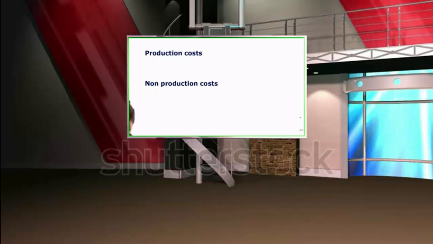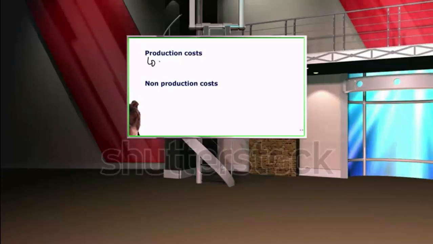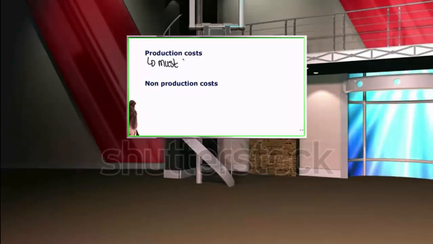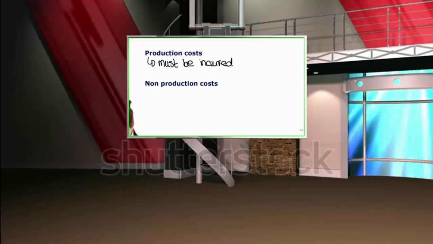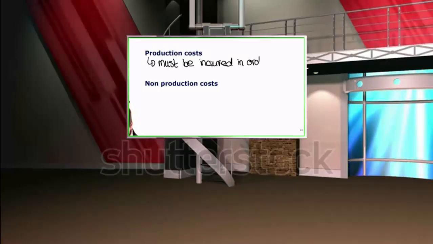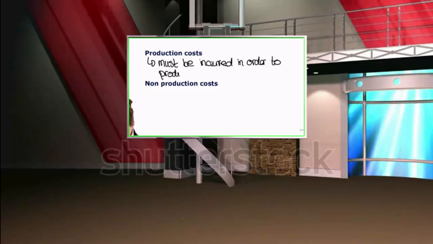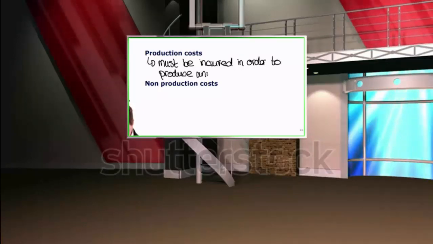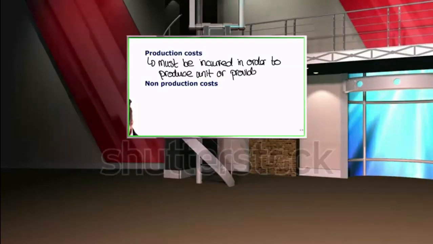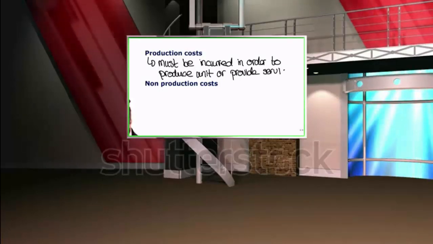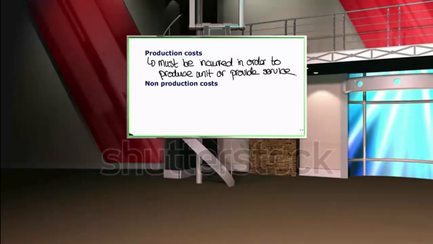So we'll note down our definition then of production costs. Our non-production costs then are all the other costs.